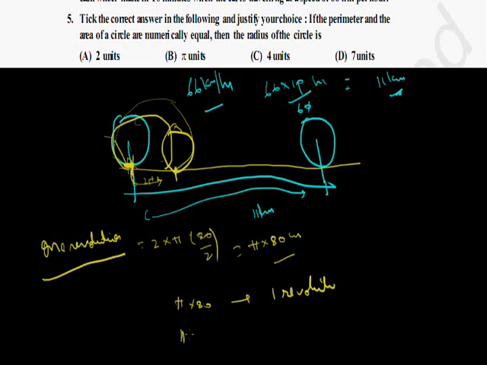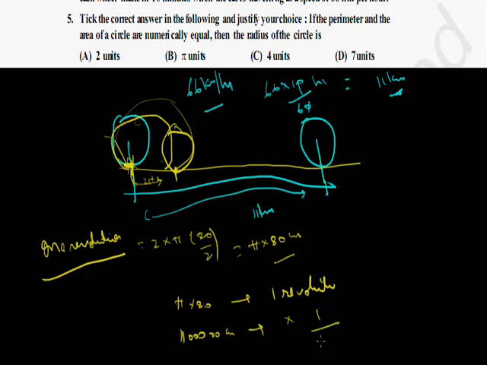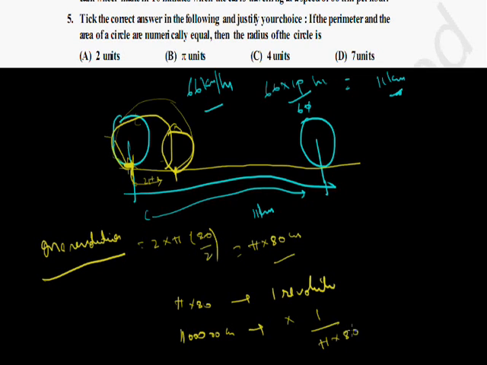The total distance is 11 kilometer, or 11,000 meter, or with 2 more zeros, 11 lakh centimeter, which requires x revolutions. That means 1 upon pi into 80, into 3 zeros then 2 zeros. When we calculate this, it is approximately 4375 revolutions.